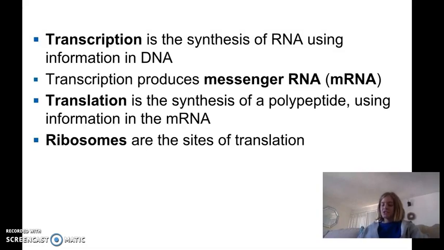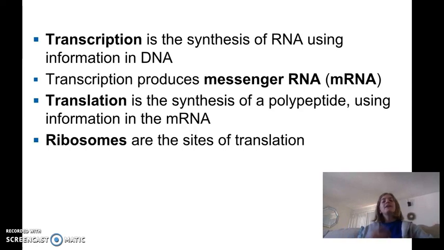Transcription is essentially the synthesis of RNA using the information found in DNA. You can think of it this way: we have DNA, a nucleic acid, and then we have RNA, also a nucleic acid. These two nucleic acids are essentially written in different forms of the same language, the nucleotide bases.